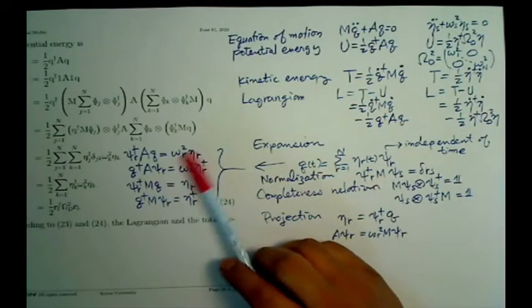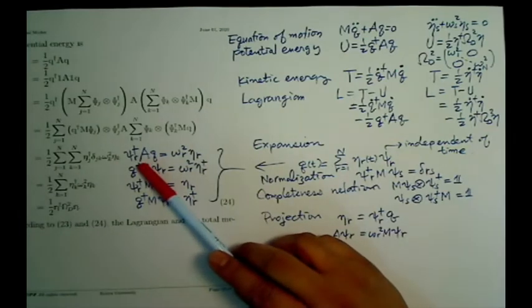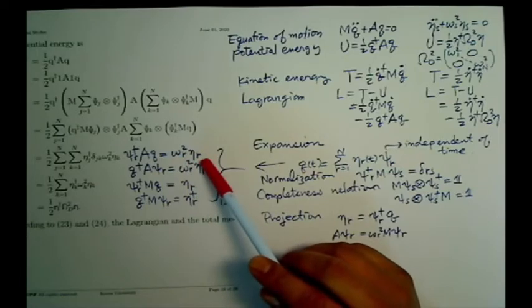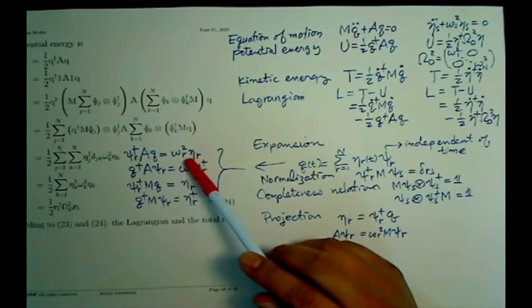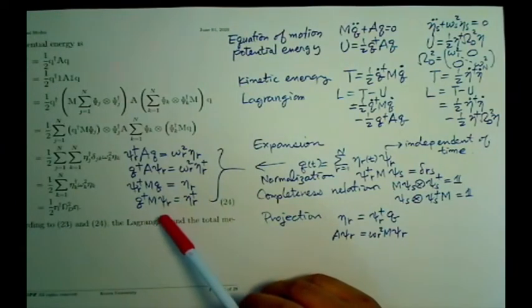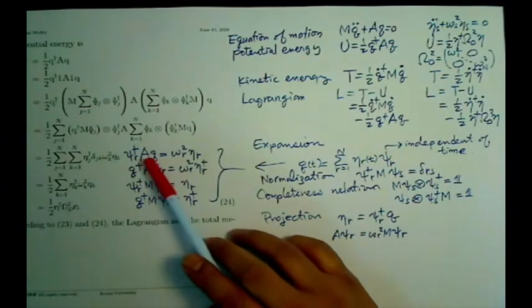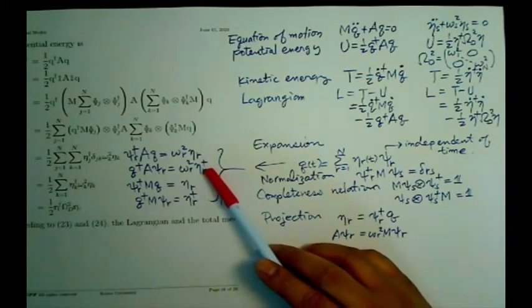For example, if I multiply psi dagger r to the A, it collects the normal coordinate eta r multiplied by omega r squared, which is the characteristic frequency of that normal coordinate. In reverse, the Hermitian conjugate of this will give eta dagger, because eta r is a number, it is a complex conjugate.